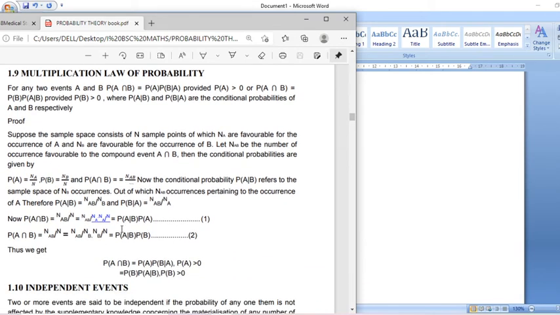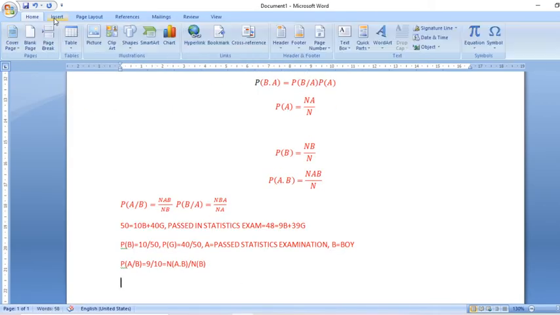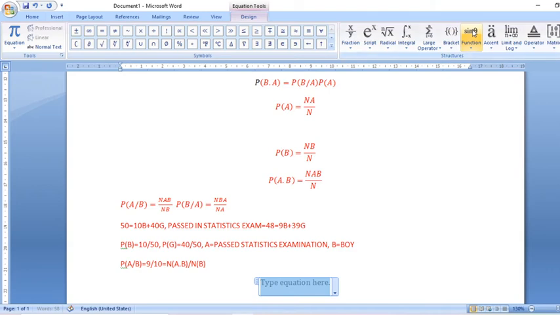So you can easily write the probability of A intersection B. Now, what is the probability of A intersection B when we consider the original sample space?